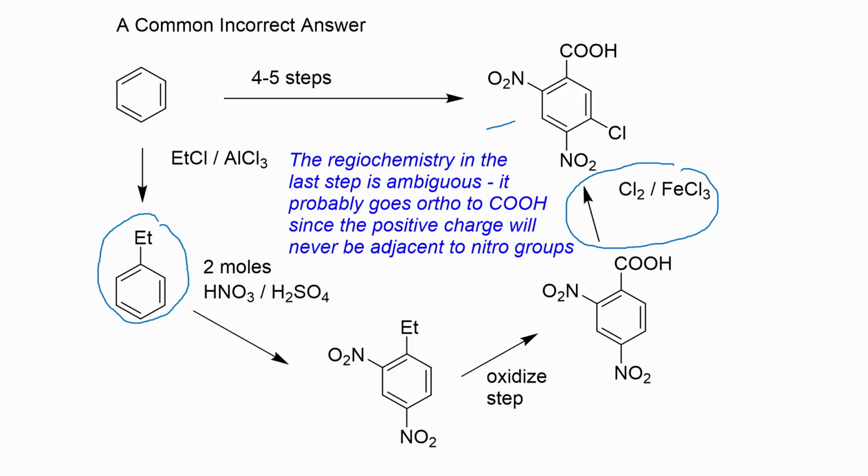It would probably go ortho, probably go here, because only when it goes here can you avoid putting the positive charge beside two nitro groups, but the regioselectivity isn't going to be very high in that case. Okay, so I'm going to stop this.